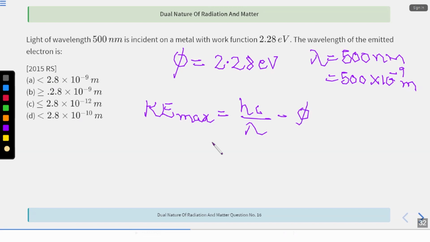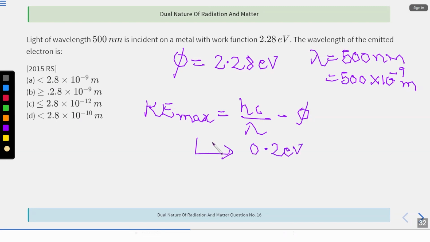We know the values over here. h is 6.6 into 10 to the power minus 34 and c is 3 into 10 to the power 8 and lambda over here is nothing but 500 into 10 to the power minus 9. Okay. So I can write this further as my KE max to be, like substituting the values, you'll get it to be 0.2 eV, right?